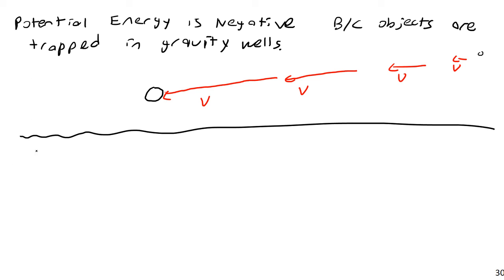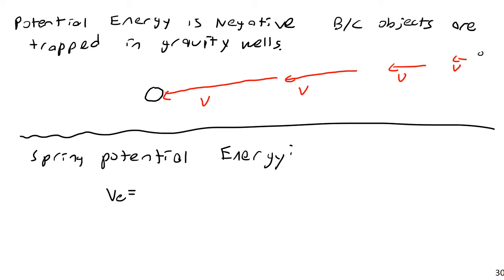And I'll also mention spring potential energy, although I think we've looked at this a bit already. You can derive it fairly easily based off of a force-distance diagram of a spring's force. The final result, if you want to work through that, is VE equals 1/2 k x squared, where x is the displacement.